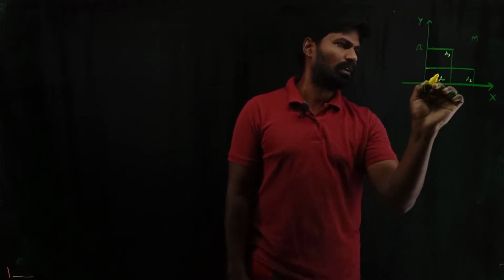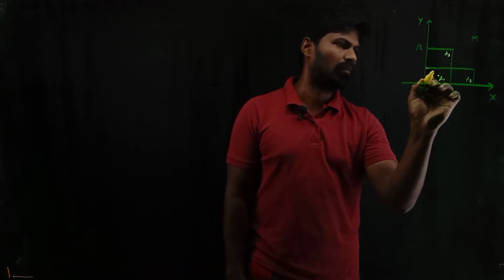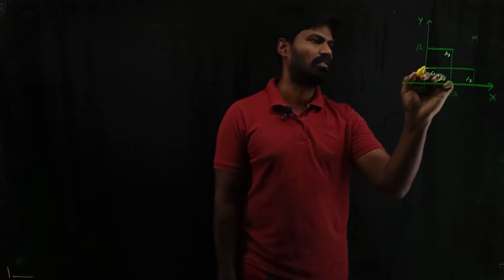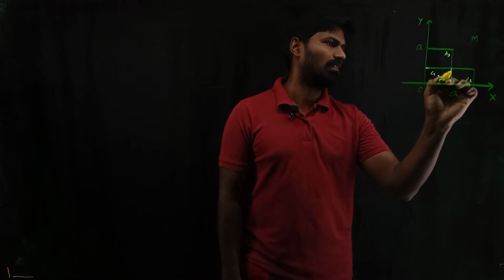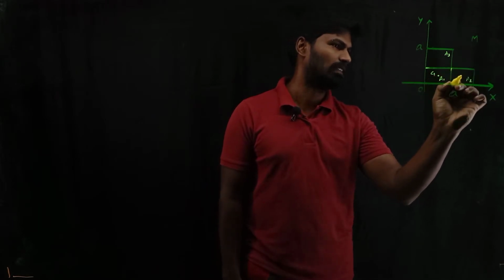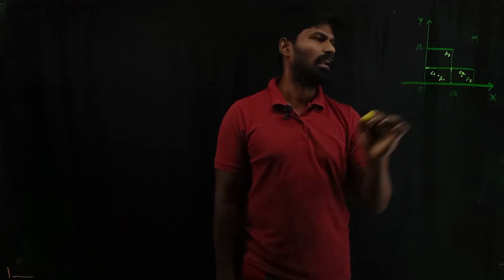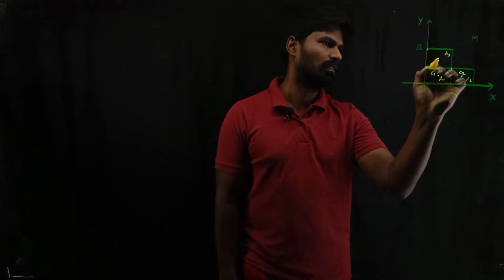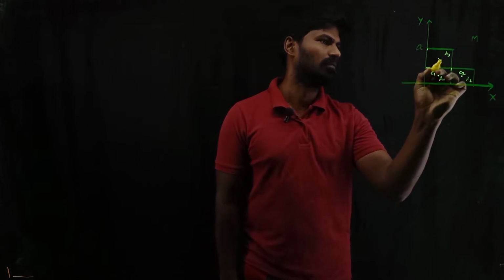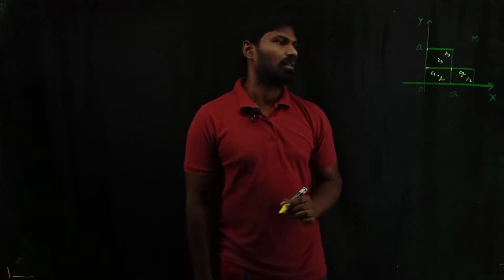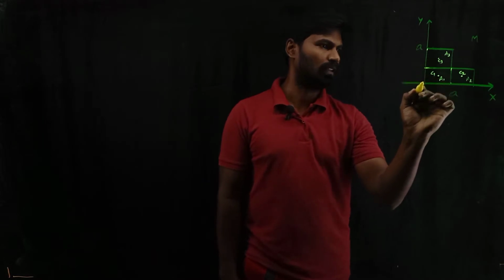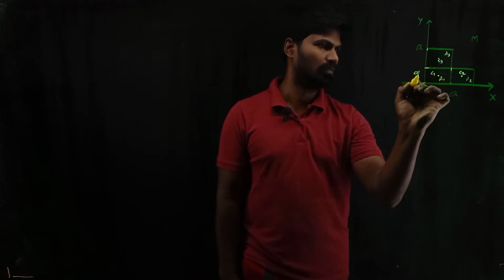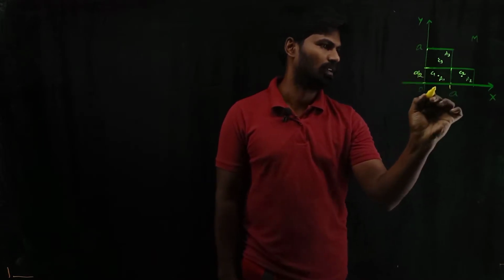So let me call the center of mass of this plate C1. Similarly, the center of mass of this plate is located exactly at its center. Let me call it C2. And similarly, the location of the center of mass of this plate I am taking as C3. Let me call the distance from here to here A by 2, and this distance also A by 2.